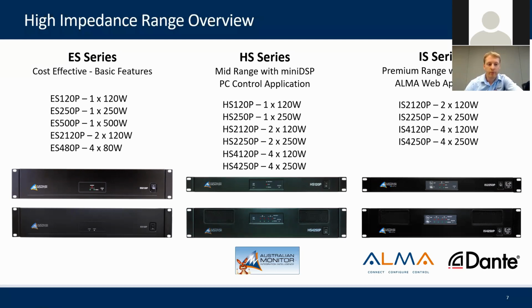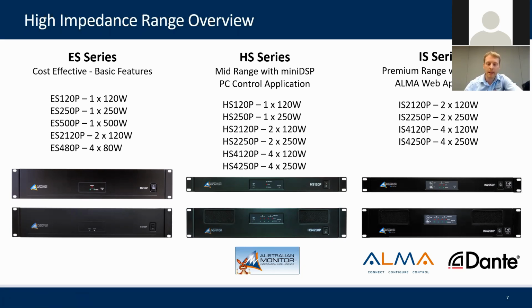These come in 4 ohm or 100 volt outputs on the ES series, and there are a series of configurations from a single channel to multi-channel to a 4x80. So that's our basic range and very cost effective. Moving into the HS series, this is our mid-range, and this was released a couple of years ago.